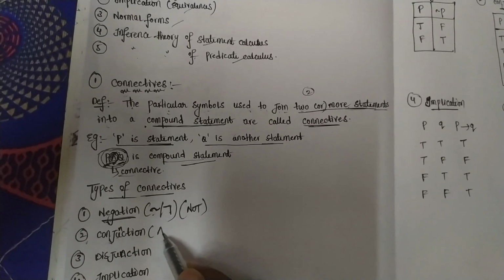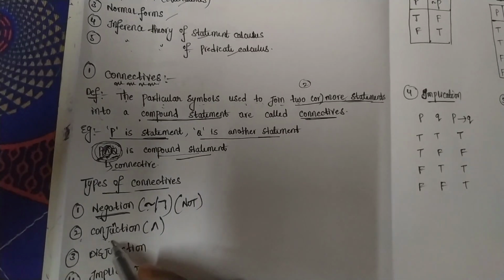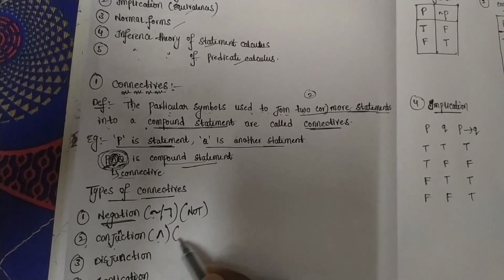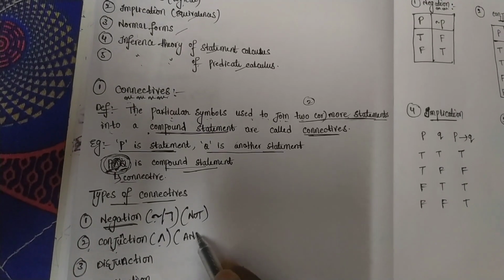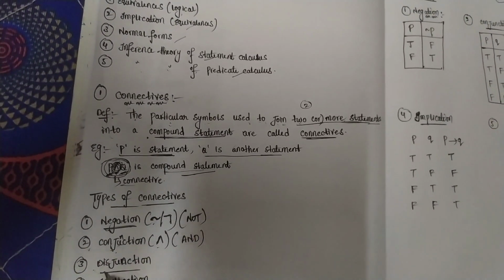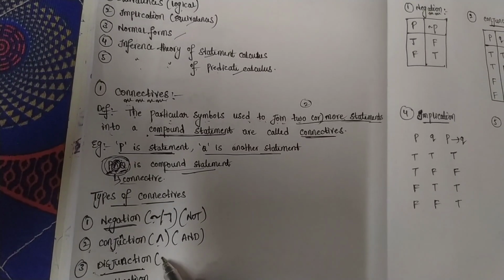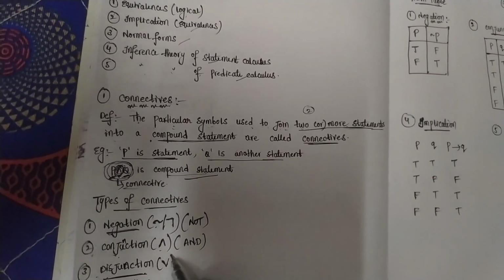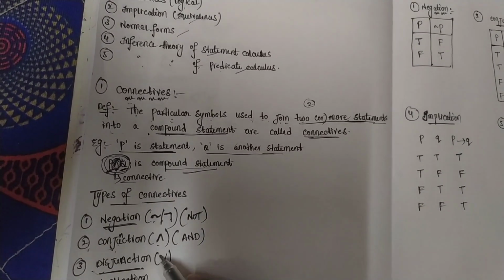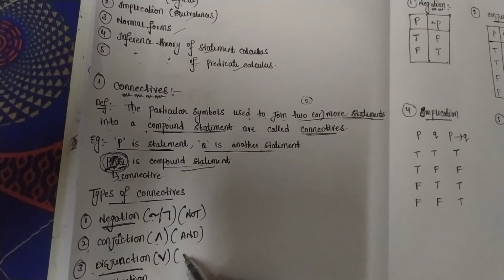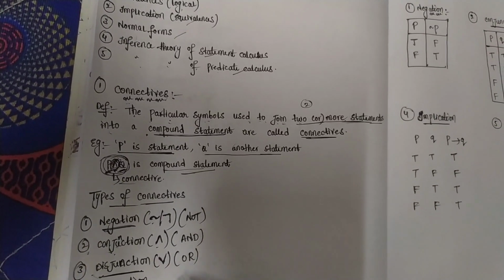The conjunction symbol is this, and we can also call this and. The third one is disjunction. This symbol is used like a V shape, and this is also called or.